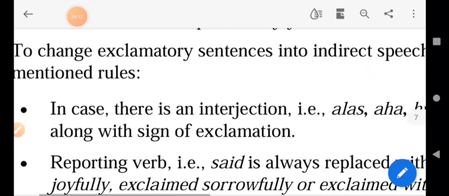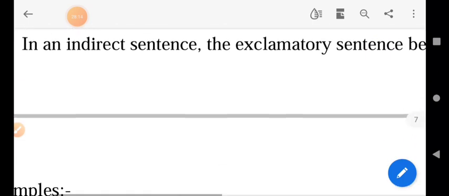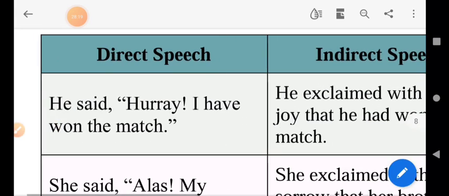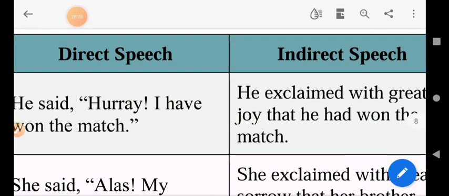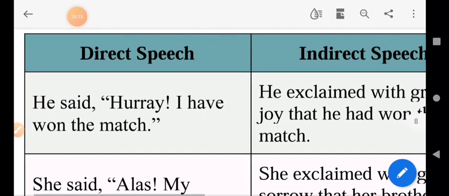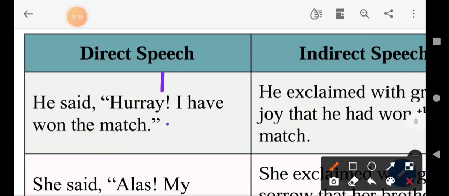For example, here on the screen, all of you should observe. He said, "Hooray! I have won the match." Hooray is an interjection word, and it ends with an exclamatory mark. It is in the present perfect tense in direct speech.